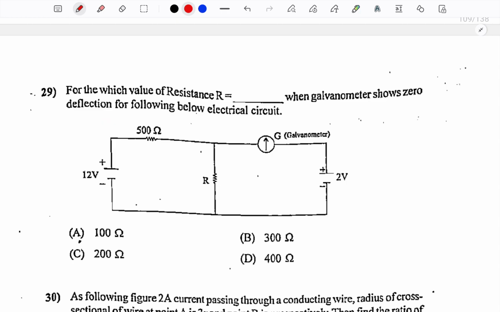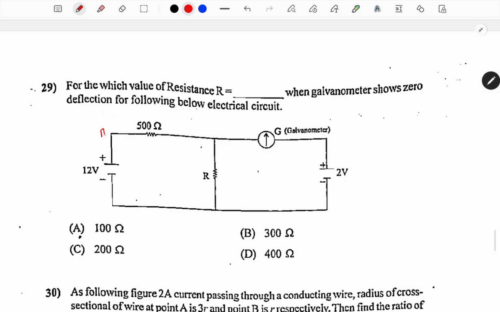First of all, we will name the points: let's say A, B, C, D, E and F, and this one is the galvanometer G. For example, the current flowing through AB is I, and the galvanometer doesn't show any deflection.